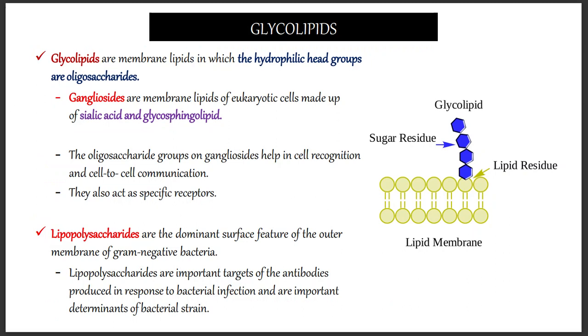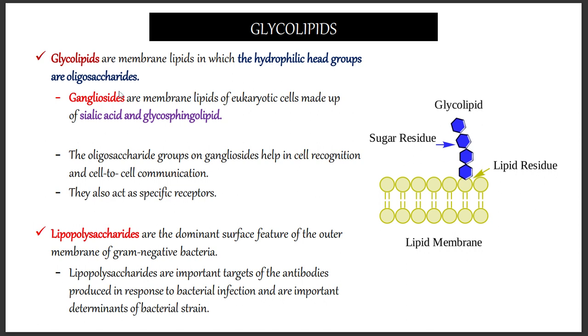Glycolipids are membrane lipids in which the hydrophilic head group is a carbohydrate. So there is a carbohydrate and a lipid. The head is made up of oligosaccharide, and that is the one which loves water. The head loves water, that is why we say it's hydrophilic.